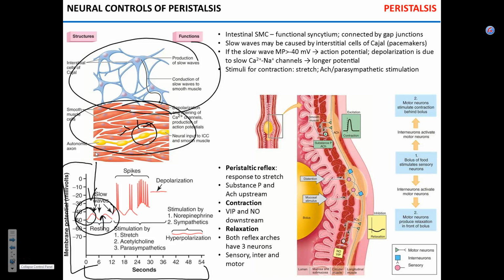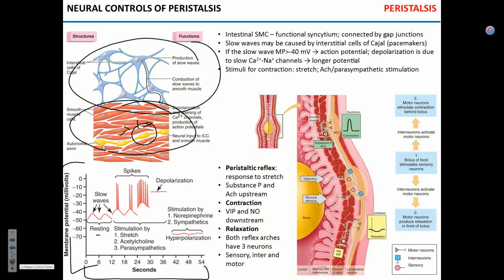And when there is an additional stimulus, like stretch or parasympathetic stimulation, cells go over the threshold and produce the action potential. Those spikes are action potentials. Does that make sense? And each action potential is a contraction. And that contraction is movement, essentially. Does that make sense?